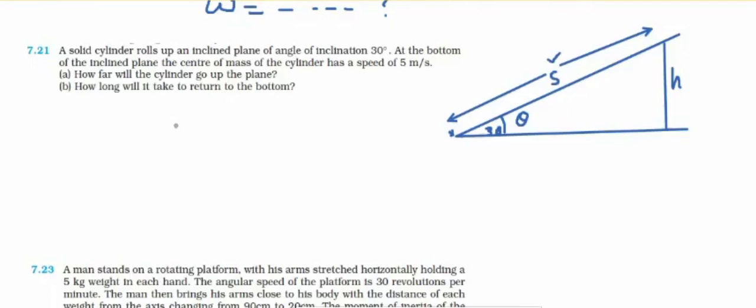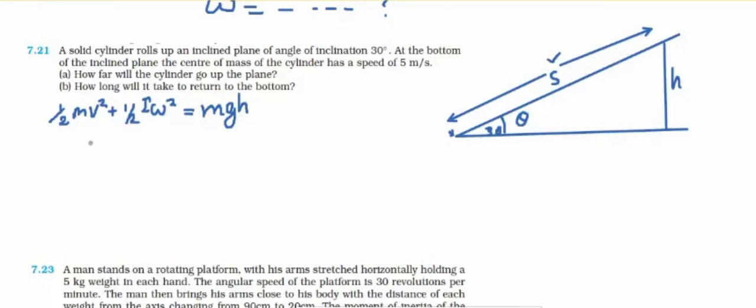So here also we can apply conservation of energy. From conservation of energy, we have half mv square plus half I omega square, that is the total kinetic energy, is equal to mgh. When it rolls to the maximum height, when it stops motion, its total energy is converted to potential energy.